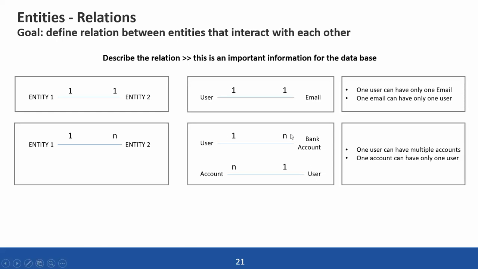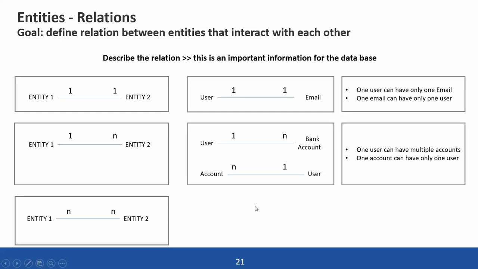So you can see, you can switch it like you want. It's not important in which order you do it, but it's always important to remember how to read it. So user, n bank accounts. One user can have n bank accounts, multiple bank accounts, but one bank account can have only one user. So you always read it like this: one user, n bank accounts, one account, one user.